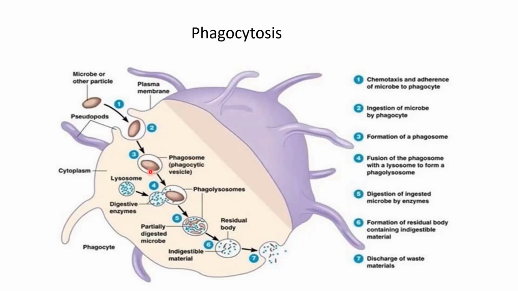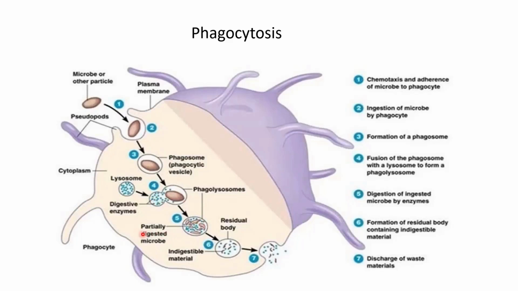Now, this phagocytic vesicle is going to fuse with the lysosomes inside the cell. These lysosomes have those killing enzymes or killing proteins. So when it fuses with the phagosome, it is going to kill the pathogen. The pathogen will be killed by the strong lysosomal enzymes and hydrogen peroxide in the lysosome.